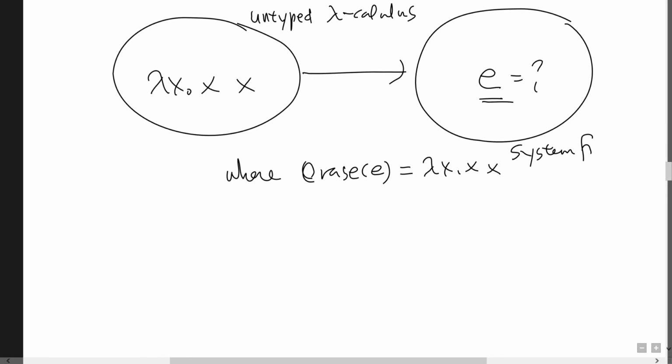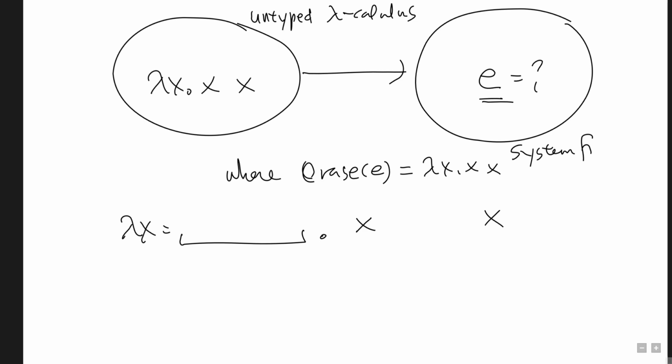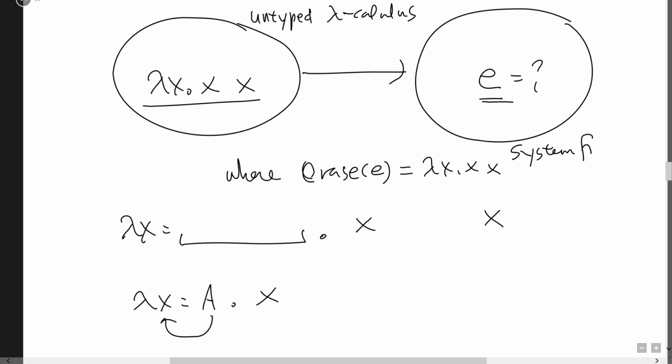So the idea is that first you have to assign a type to this variable x, and then you have this application. So first notice that this expression is not typable in simply typed lambda calculus. In the case of a simply typed lambda calculus, if you assign type A to this variable x, then we have two conflicting requirements.